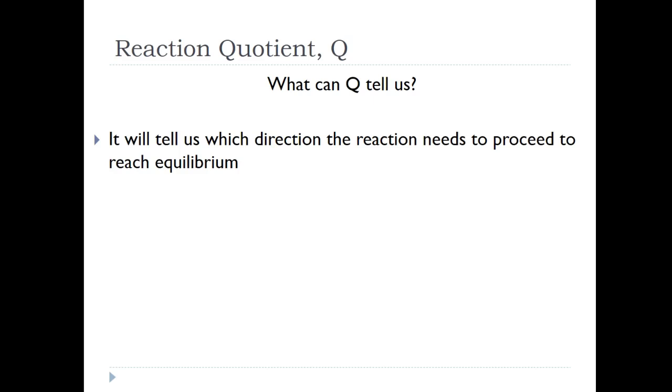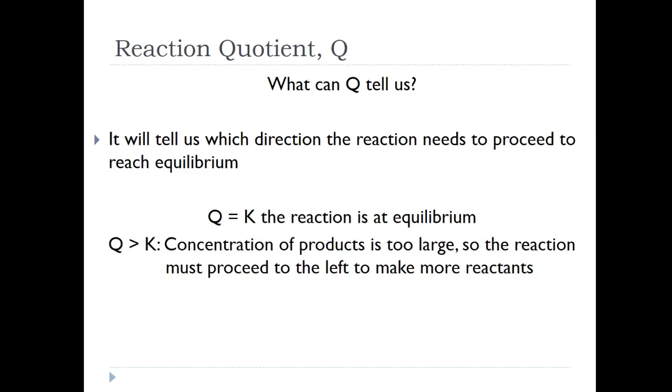So if we have a chemical reaction, we make some measurements about the concentrations at some time, and we aren't sure if that reaction is at equilibrium yet, so we use the values that we measured to figure out Q. Well, if the Q value is equal to the K value, the equilibrium constant that I would look up from the textbook, that's telling me the reaction right now is at equilibrium. But if the Q value that we calculate is not the same as the equilibrium constant, clearly that means the reaction is not at equilibrium at that time.